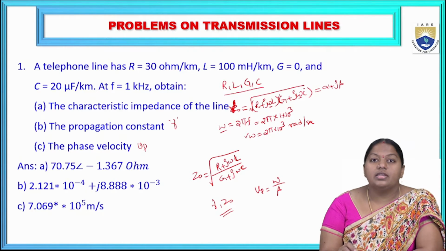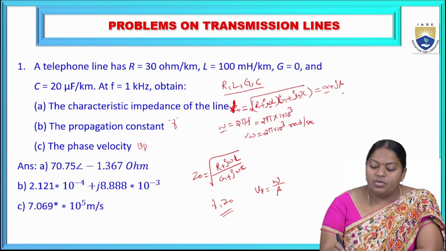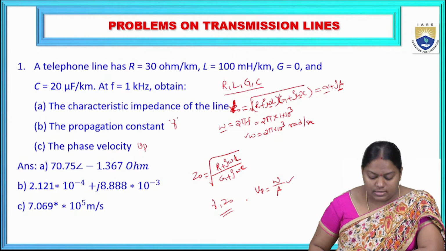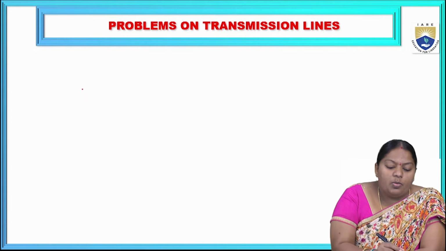From this we get the complex value, and from it we evaluate the real term as alpha and the imaginary term as beta. From the imaginary term we get the value of beta, and this value needs to be substituted here to get the value of the phase velocity. Okay, so to solve this, first we need to find the propagation constant.